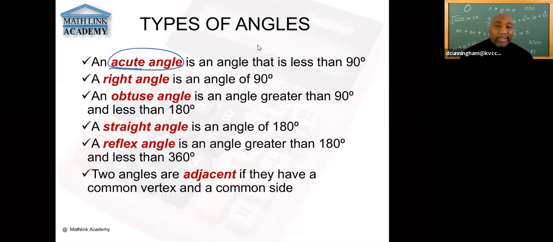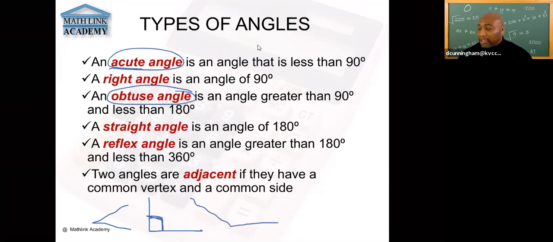A right angle is equal to 90 degrees, and you usually put a square to mark it. An obtuse angle is greater than 90 but less than 180. For example, we may have something like that.